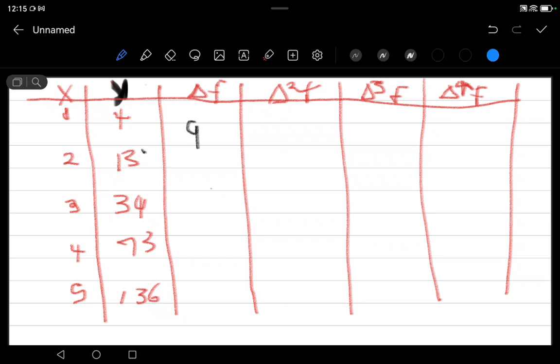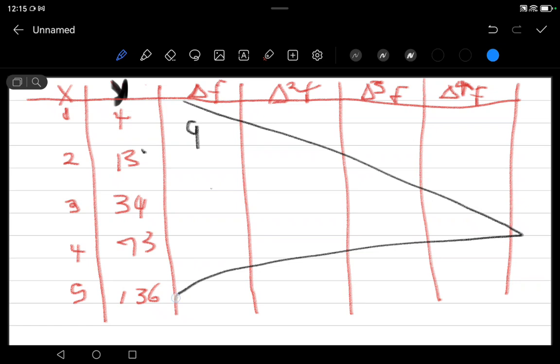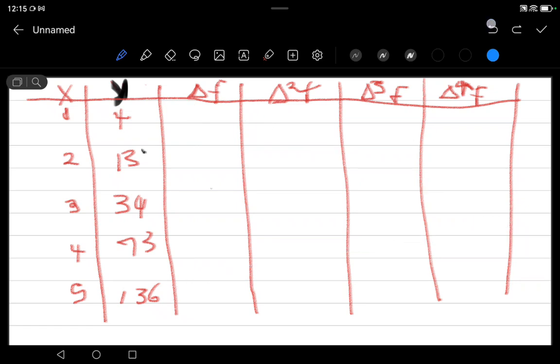With all the tables, guys, we skip a line when we construct them, because at the end we want our table to form a pyramid, a triangle shape, so it's going to be like this. That's why we're skipping a line. So we have 9, which is coming from 13 minus 4.